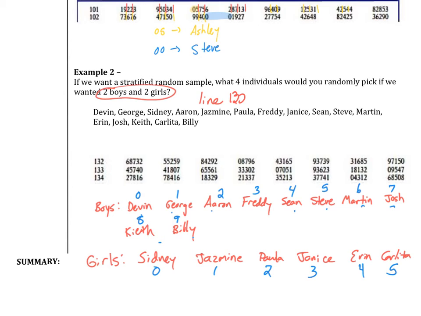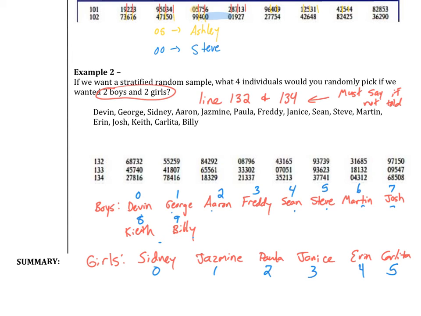You must say which line you pick if you're not told. I'm pretty sure that 99% of the time in this class, they tell you you must use line whatever. But if they don't tell you, you have to just say which line you picked. So we're going to pick line 132 and line 134.